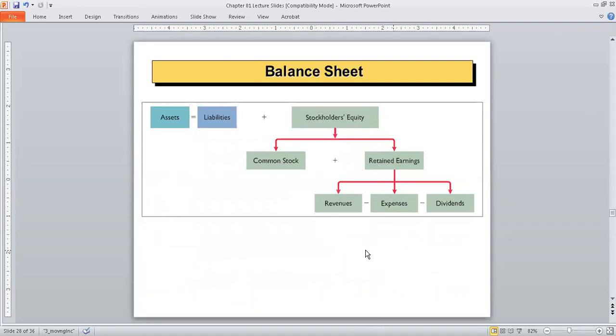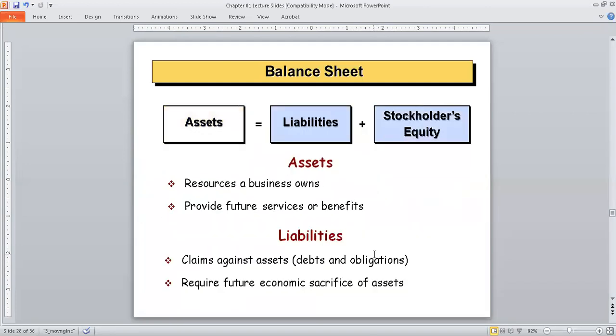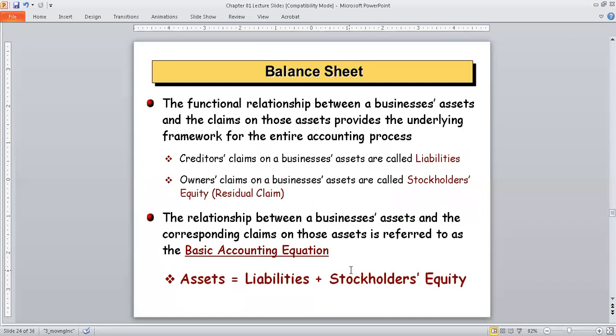And earnings, of course, as we know from just preparing the retained earnings statement, is net income minus dividends. So the balance sheet is a very detailed illustration of that basic accounting equation.